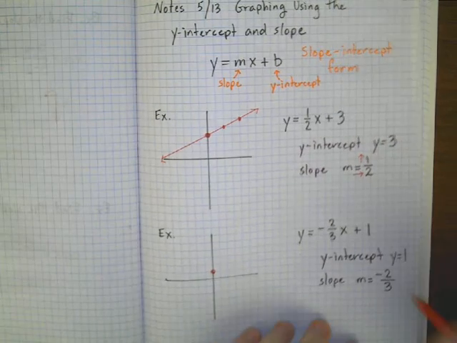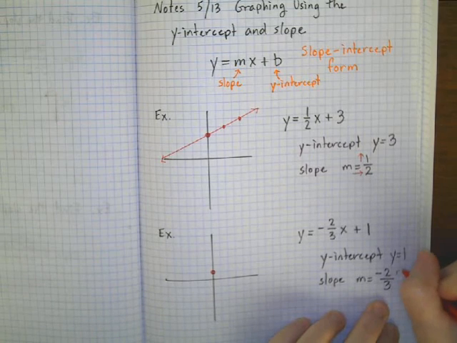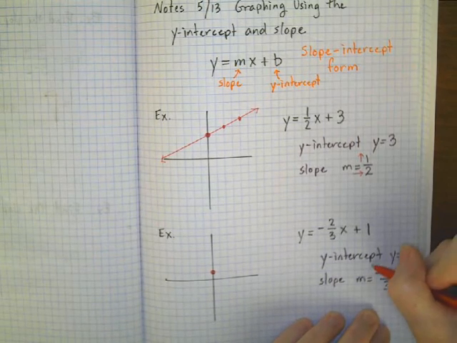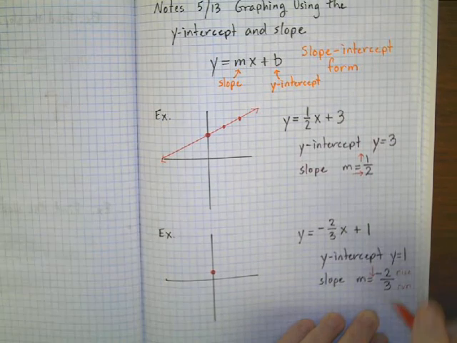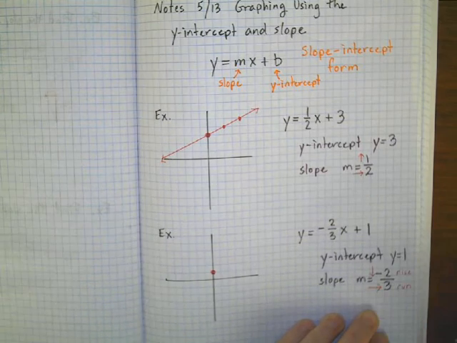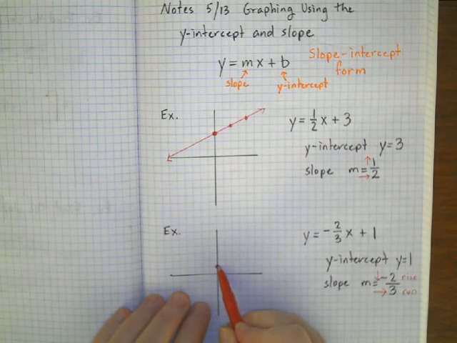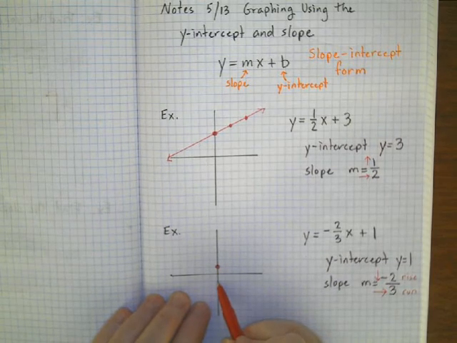Remember, it's rise over run. But this rise is negative. That means I'm going to go down first and then to the right. So from here, I'm going to go down 1, 2, and then to the right 1, 2, 3.